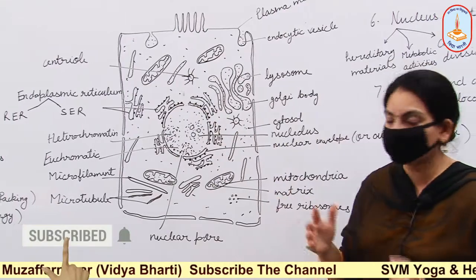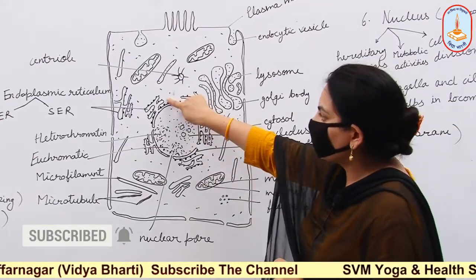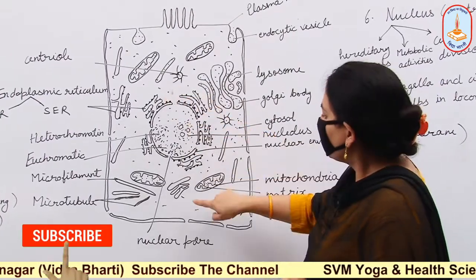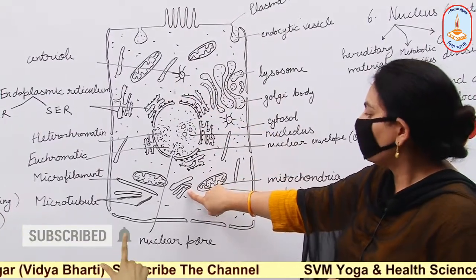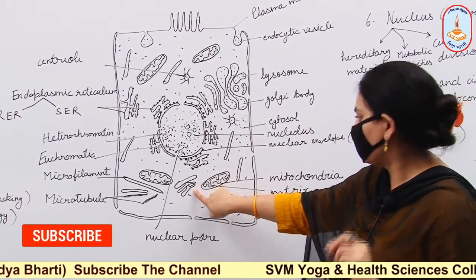Now, what is the function of the endoplasmic reticulum? Rough endoplasmic reticulum helps in protein synthesis, while smooth endoplasmic reticulum helps in lipid and carbohydrate metabolism.